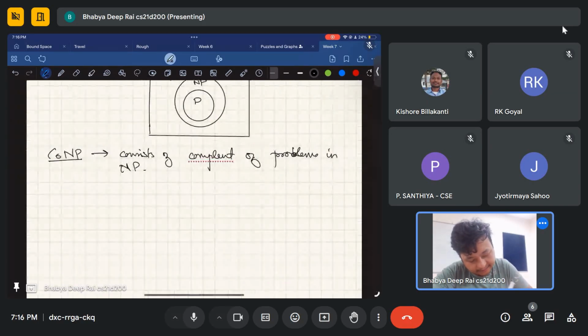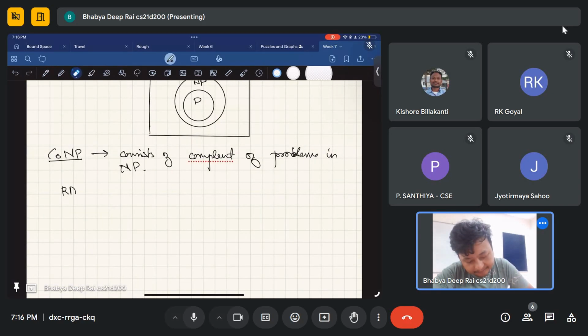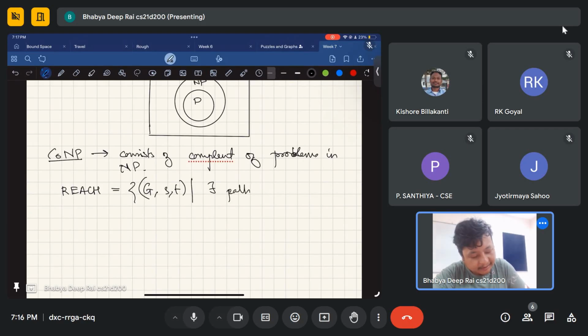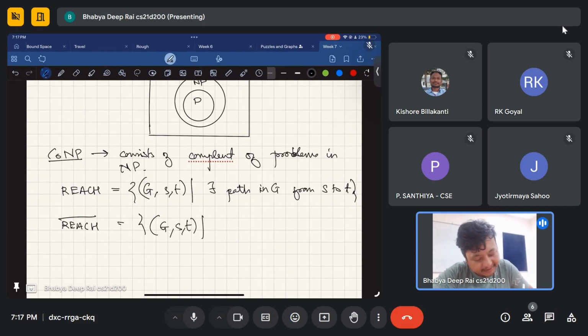For example, we talked about reachability, right? Reach is equal to the set of graphs G and S, T such that there exists a path in G from S to T. And reach complement will be all those graphs and S, T such that there does not exist a path in G from S to T. So it's a complement event.